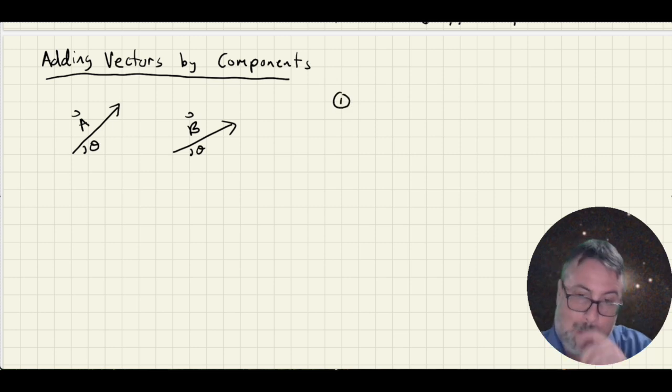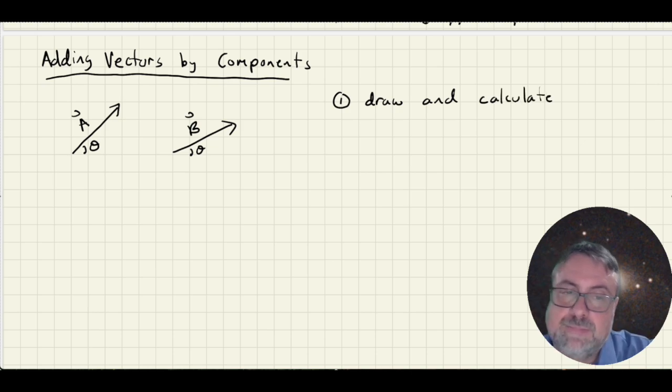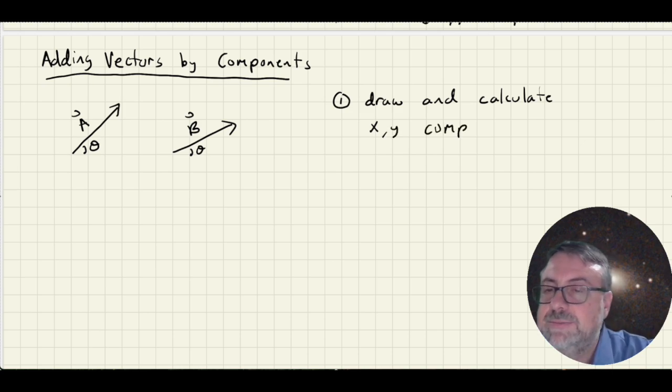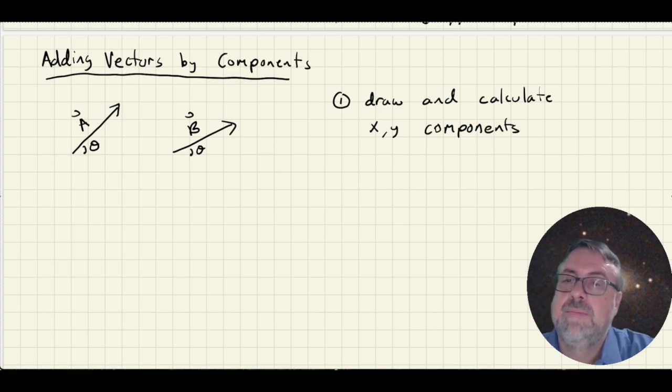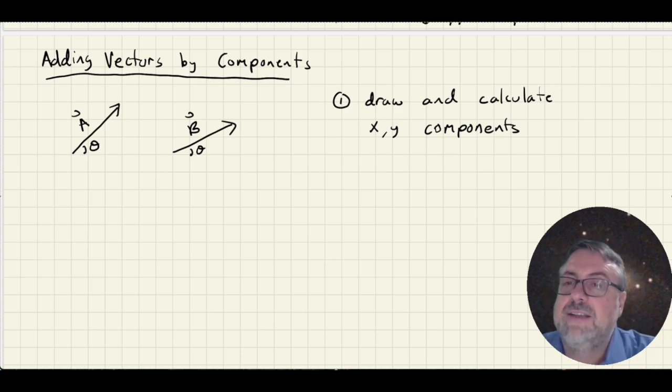So first, we draw and calculate the x and y components of these vectors. So the components are simply the vectors drawn in the x and y direction that would add up to the original vectors.